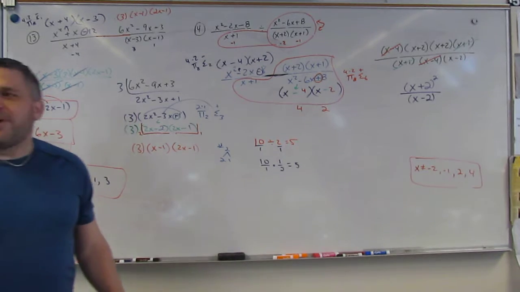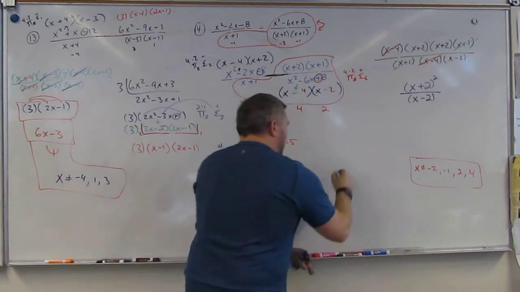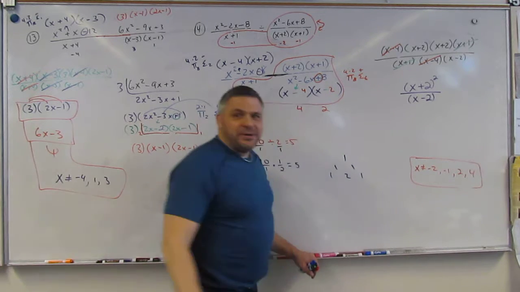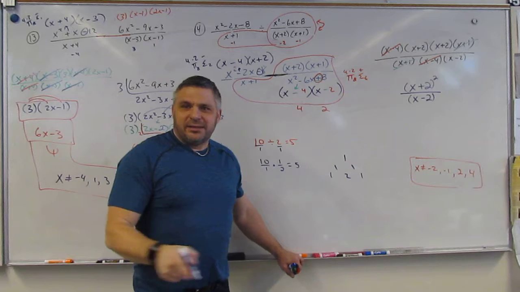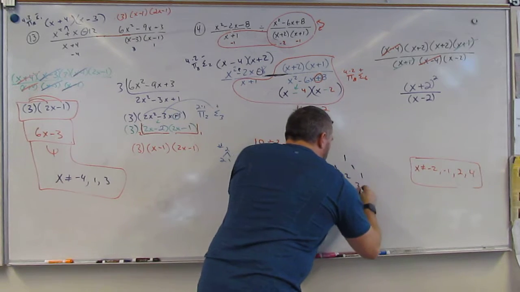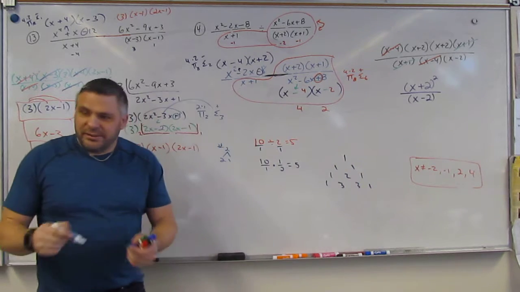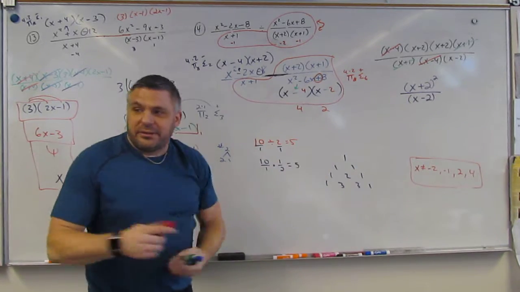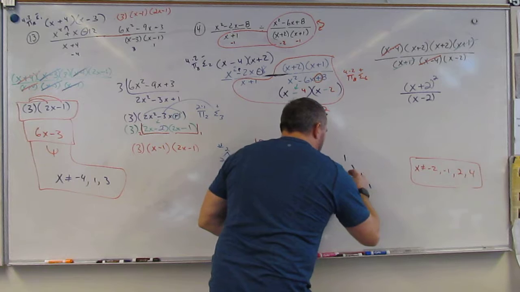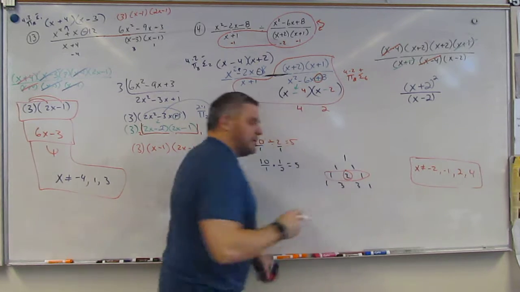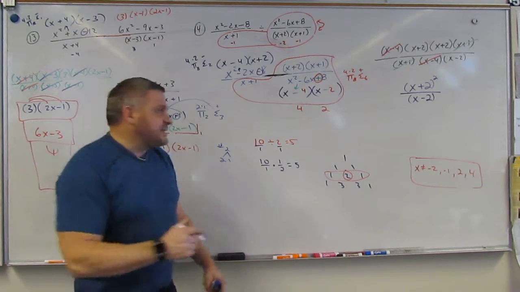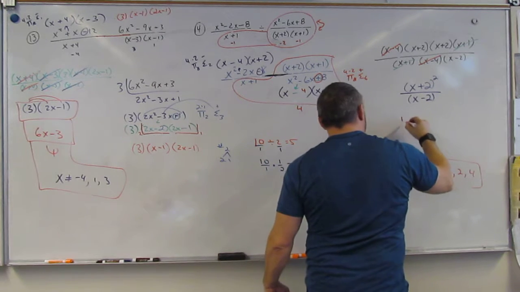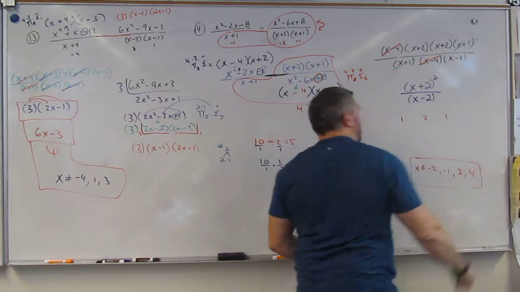Now we can use, remember that Pascal's triangle: 1, 1, 1, 2, 1, and 1, 3, 3, 1, remember this? And this is a squared binomial. So in essence, what we're saying is there's 1, 2, and 1.